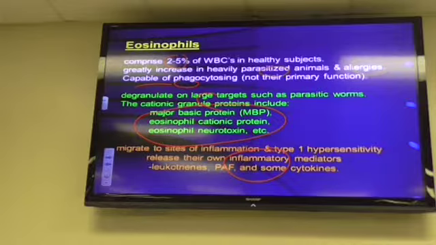But their major function is not allergies. It's killing the parasites using their granules. And again, don't forget about these granule contents, especially major basic protein.